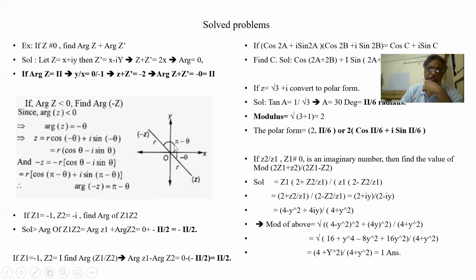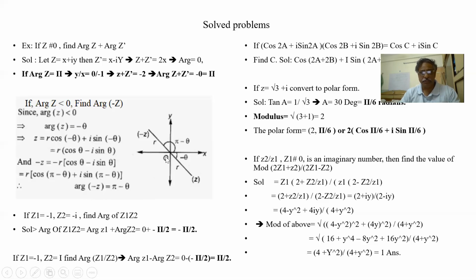Suppose it is plus theta, then this will be minus z. So this total is minus pi, and this total is pi. So from here, this portion is pi minus pi plus theta. So we have to see which quadrant z is in.